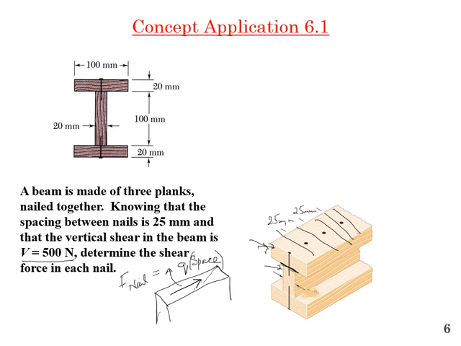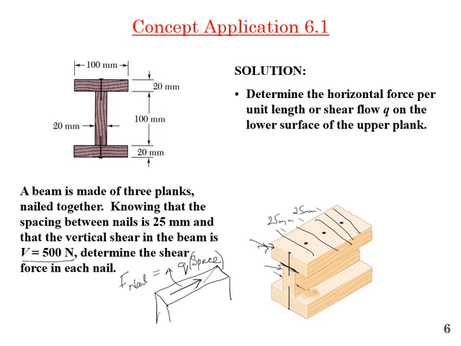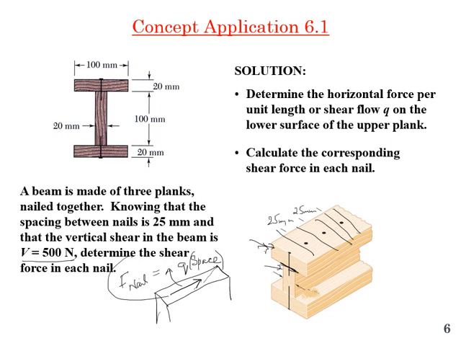So we will determine the horizontal shear force per unit length, or shear flow, on the lower surface of the upper plank, and then calculate the corresponding shear force in the nail by using this relationship.